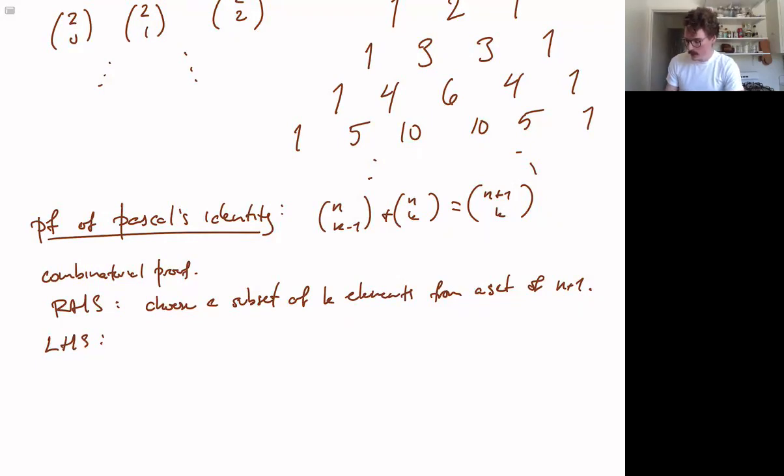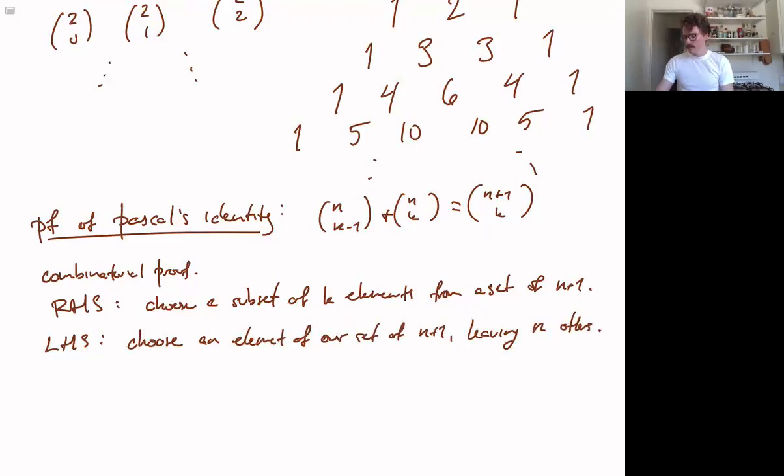So the left-hand side we can interpret like this. Choose an element of our set of n plus 1 elements, which leaves n other elements. So we've chosen some specified guy.